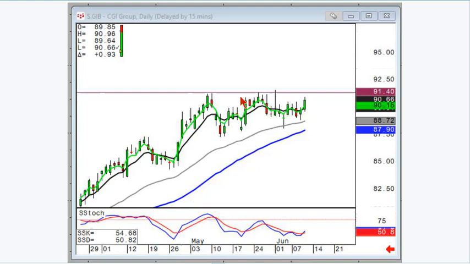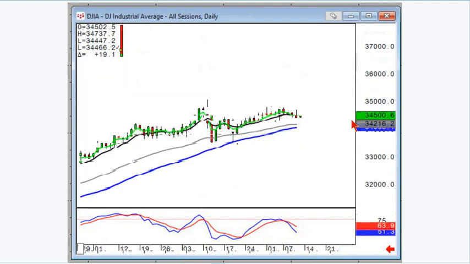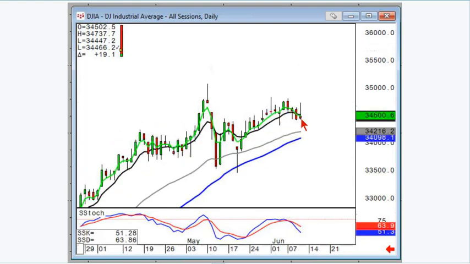Okay. Watch the markets tomorrow. Again, the Dow with a sell signal and not confirming any buying today.